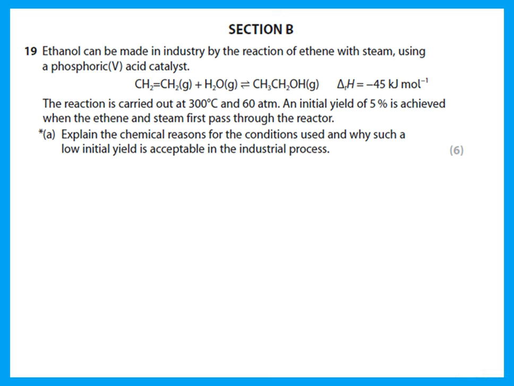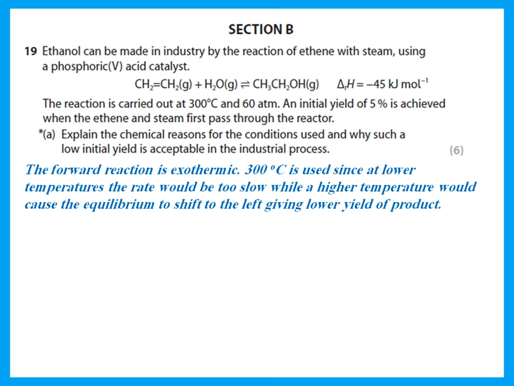So let us look at the equation. The forward reaction is exothermic. This is because the delta H is negative, of course, and that means if I want more ethanol to be formed, I need to use a lower temperature. So why do we use 300 degrees Celsius? You should realize that this is low enough so that it can favor the forward reaction.